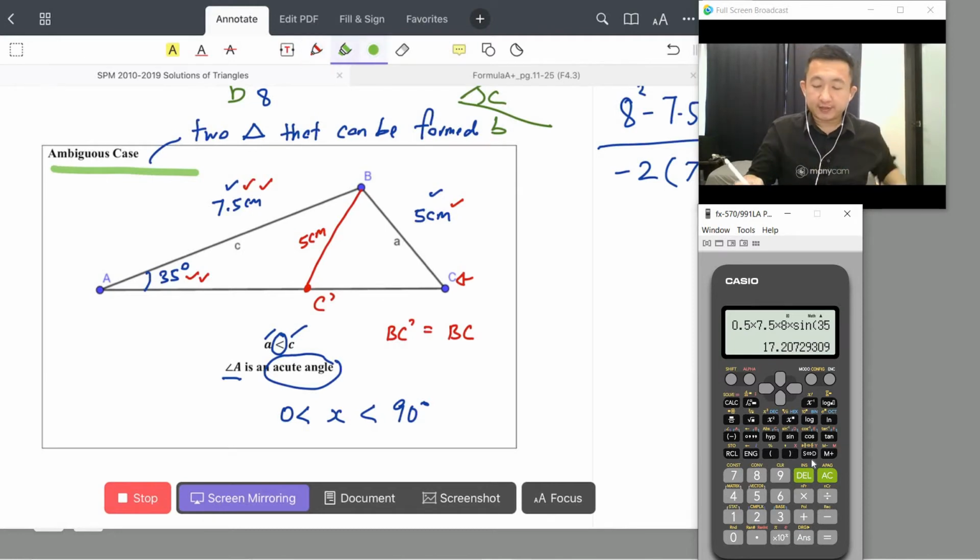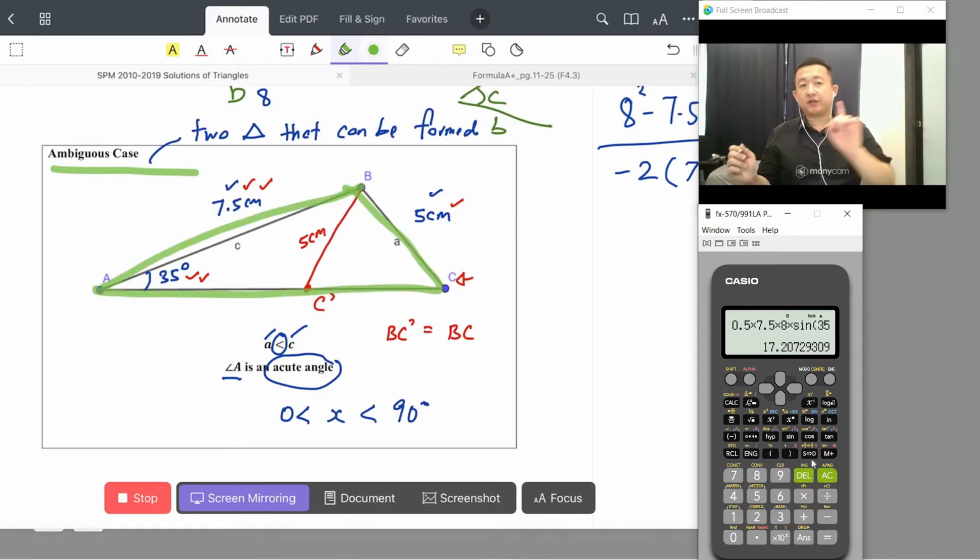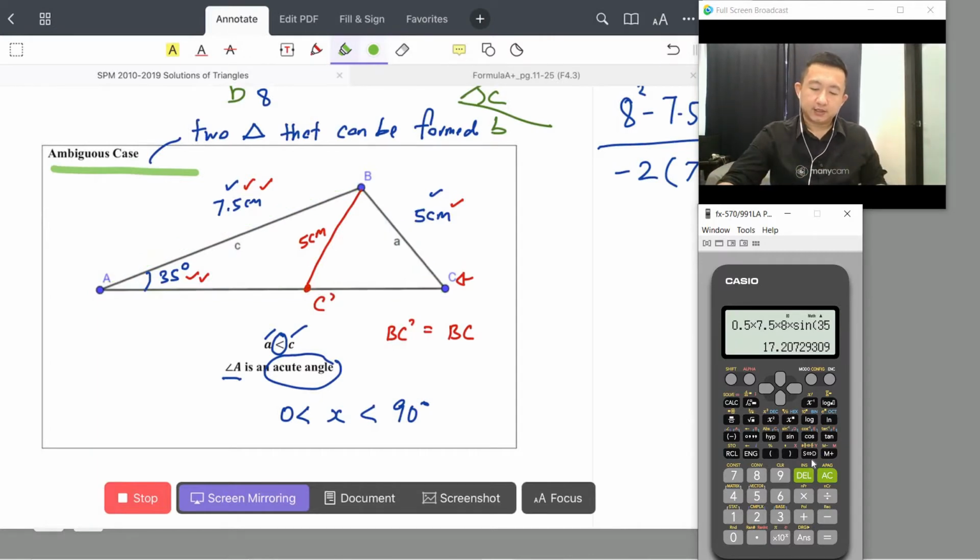The first triangle is over here. You have BAC. This is your first triangle, and that is the shape: 7.5, 5 cm, and 35 degrees.